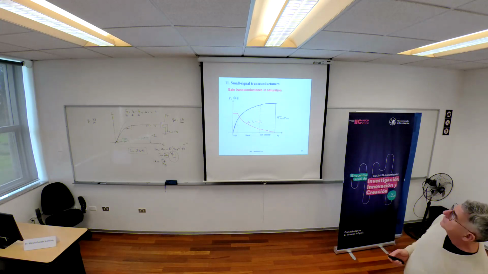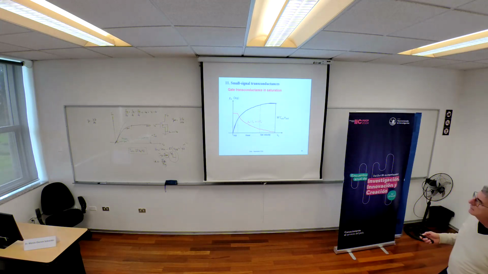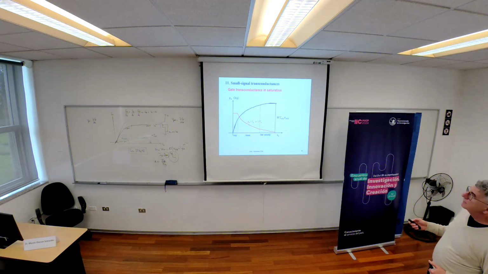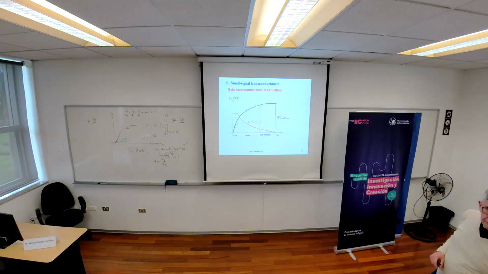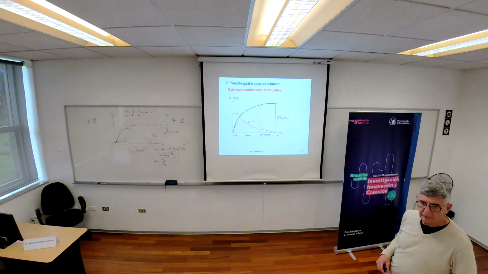This is important about the gate transconductance. When the gate voltage is very, very high, you have a saturation of the value of gm, because of this factor here, which is the saturation velocity.